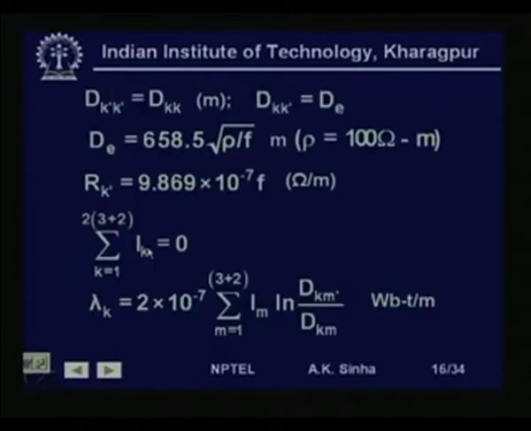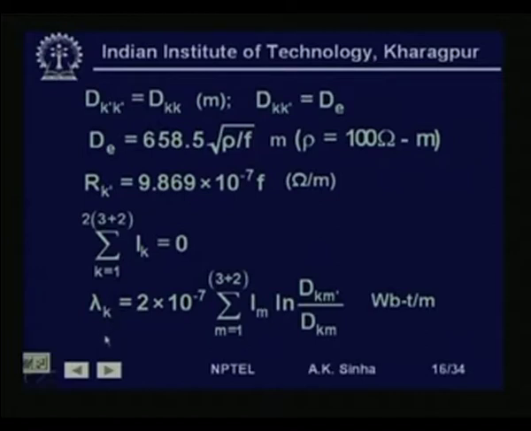Now, the sum of the currents in all the 10 conductors will have to be equal to 0. So, in this system, the sum of I_k is equal to 0 for k equal to 1 to 2 times (3 phase conductors plus 2 neutral conductors), that is, the sum of all the 10 conductor currents is equal to 0.